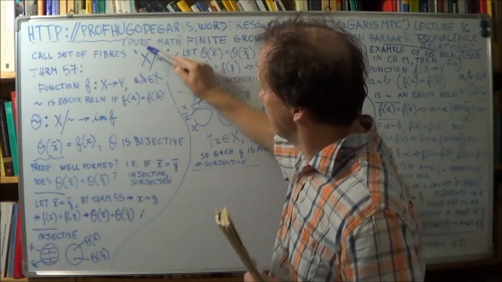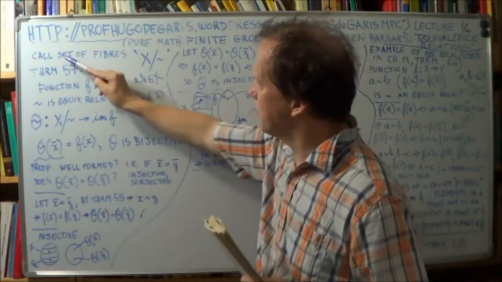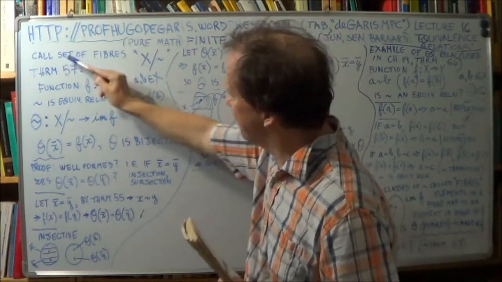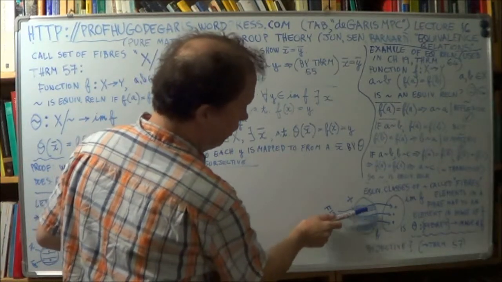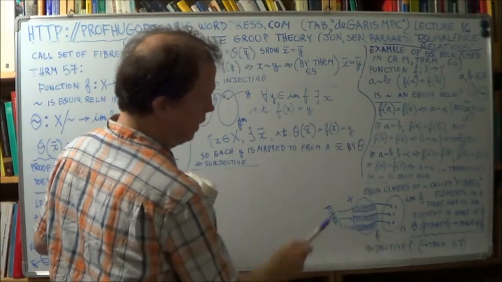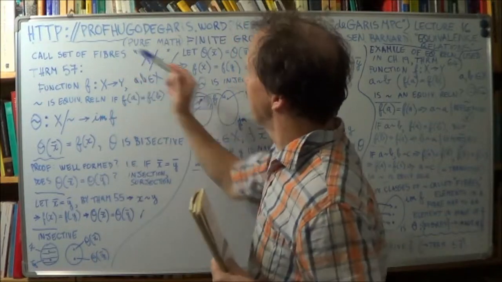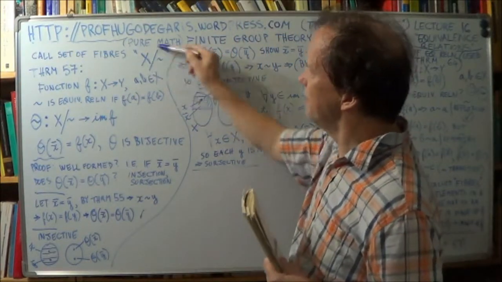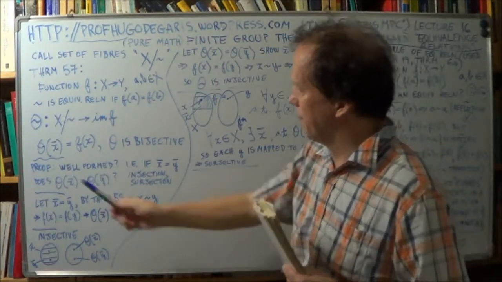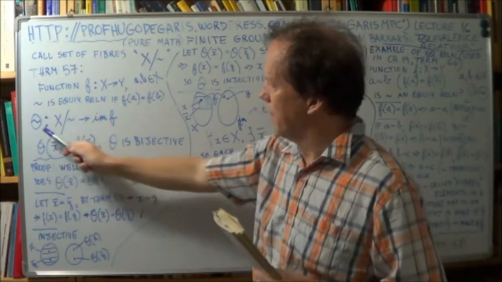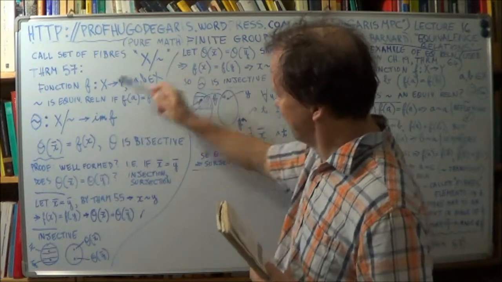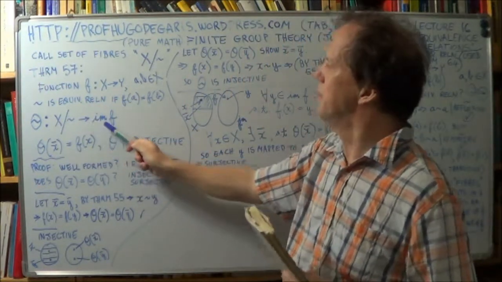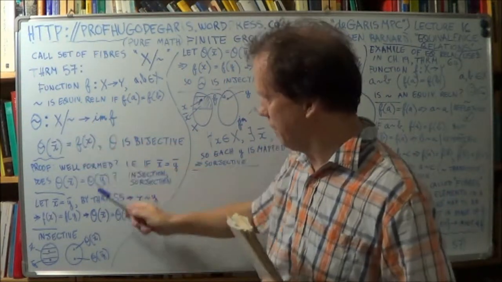And what does it mean? Well, it's just a set of fibres, right? So these fibres, these equivalence classes. So it's just the set of them. And so call that set of the fibres this, right? And the conjecture is this function maps this set bijectively.